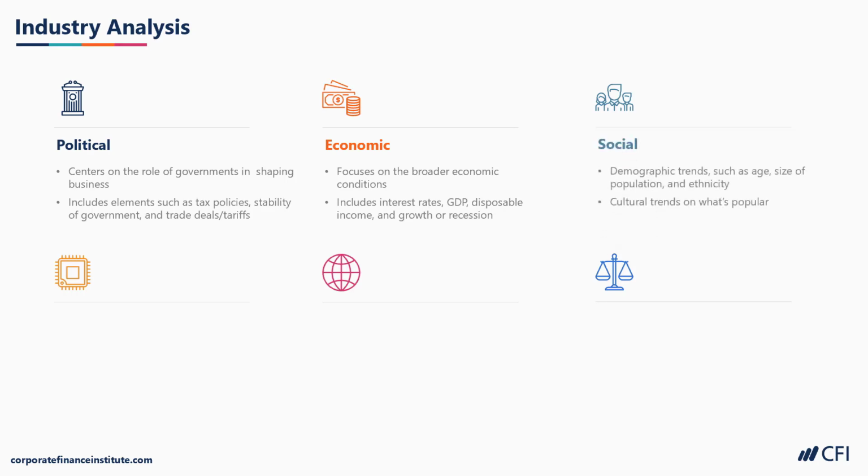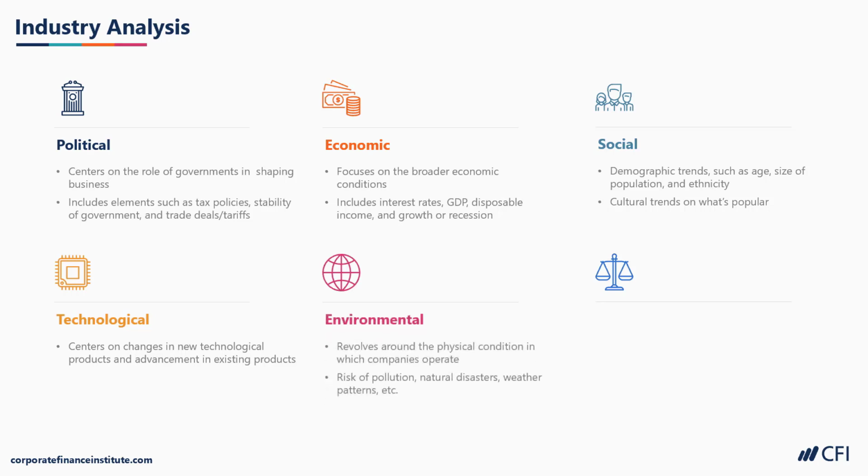Social trends can obviously make or break a business depending on what type of cultural trend it's riding or not. Technological forces dramatically shape industries and create and destroy businesses at the same time. Environmental factors are becoming increasingly important for businesses, and legal changes can have major impacts on companies.